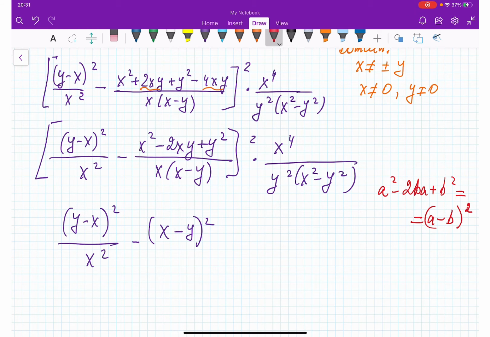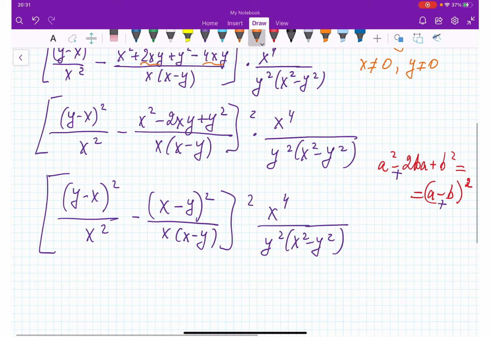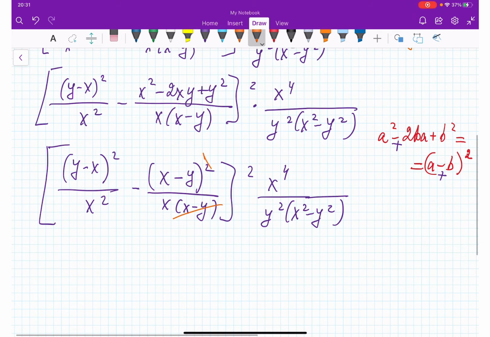And if we have plus here, then we have plus squared, okay? And we get x times x minus y squared, x to 4, y squared, x squared minus y squared. So we nicely cancel this with this one, and we're going to bring to a common denominator.